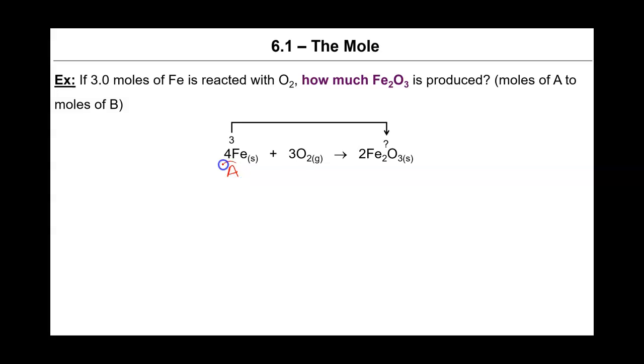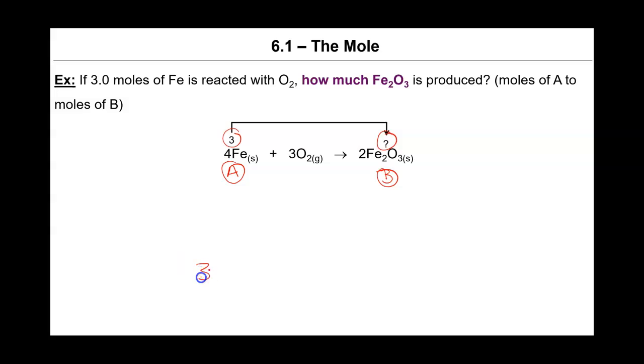So A is always the compound or element that we're starting with, and B is always what we're ending with. We will know the amount of A, and we're asked to determine the amount of B. And the way to do this is simply to use a mole ratio.